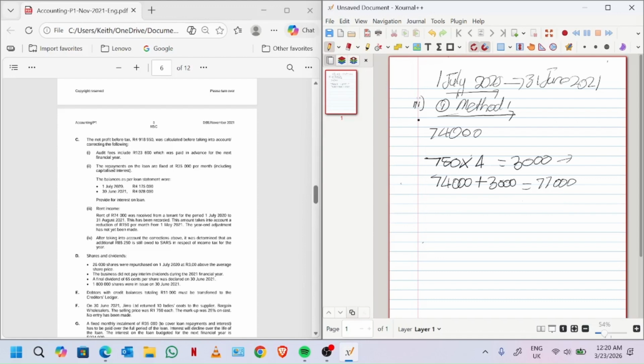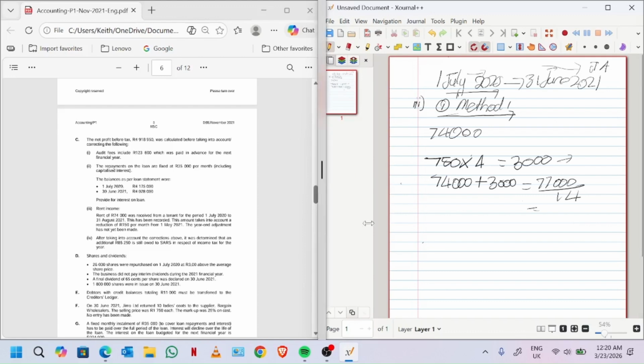So it starts with our year end, it goes past June, which is already 12 months, and then we have July again of 2021, and then August. And so June is the 12th month, July is the 13th month, August is the 14th month. And so you divide that by 14. Alright, you should get an amount of 5,500.